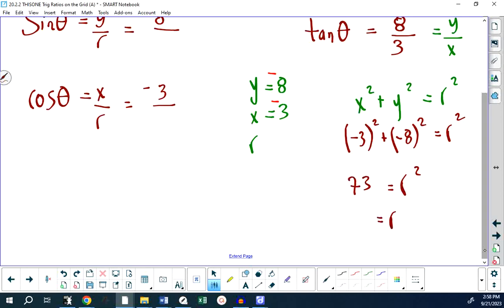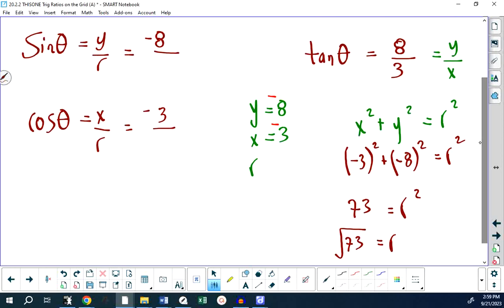That means r equals root 73. Would you agree, root 73? Okay, well, let's finish this. Let's put over root 73 for both of these and be done with it with one final parting comment.